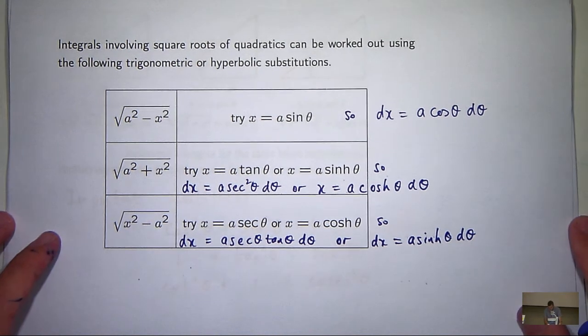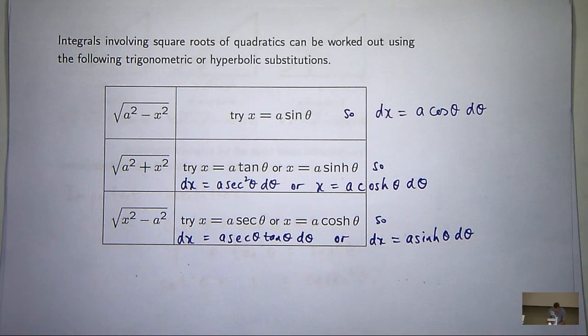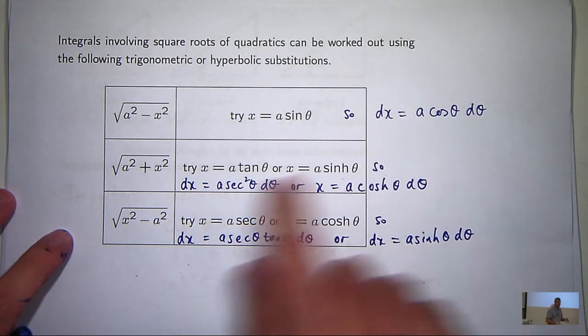So here's a table that I've put together as a reference guide. You may already know all these things. If so, that's great. But depending on what your integral involves, you can use a different trig or hyperbolic substitution. When you make a substitution, of course, you need to calculate the corresponding differentials.